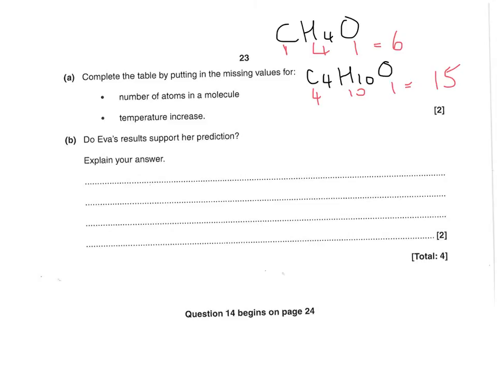So either of them, but if you've identified pentanol as an odd result, you get a mark anyway. So first mark is identifying pentanol as an odd result, saying pentanol is an anomaly, or it doesn't match the trend. And then the second mark is saying either yes or no, depending on what you put. There wasn't a correct answer there. If you put yes, you've got to say that there is an increase in temperature from 6 atoms to 15 atoms. If you put no, you've got to say because pentanol doesn't fit the trend.